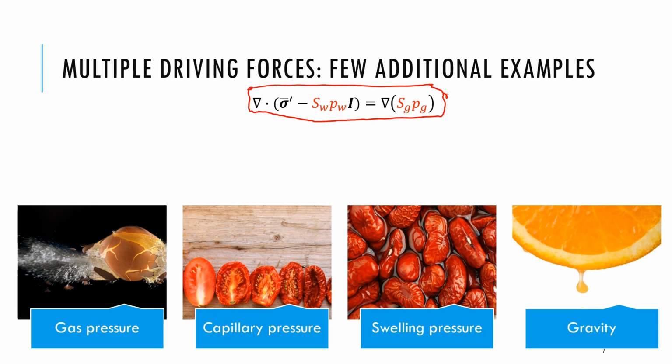The four contributions to water pressure that we talked about are gas pressure, capillary pressure, swelling pressure, and gravity, and they lead to transport of water. But these four effects are included in the final equation a little bit differently, as we already saw.